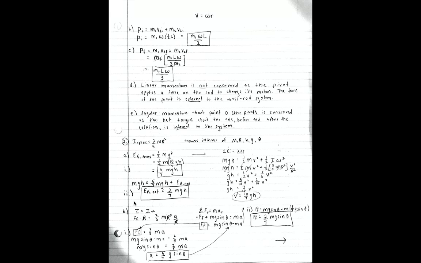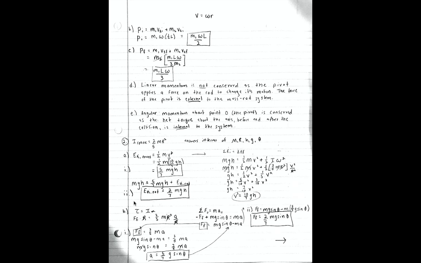The radius here is 1/2 L, the distance between the axis of rotation and the center of mass. So when we simplify, we get that the initial momentum is m1 omega times L divided by 2. That answer is in terms of the variables that were listed for us, so we're good and we can move on to part C.